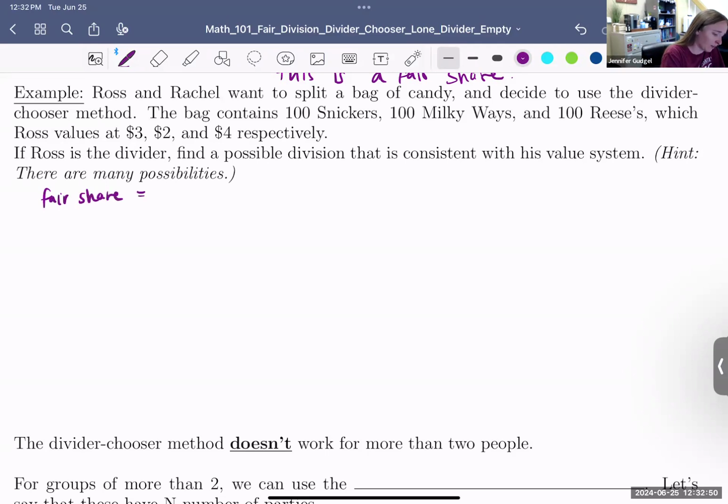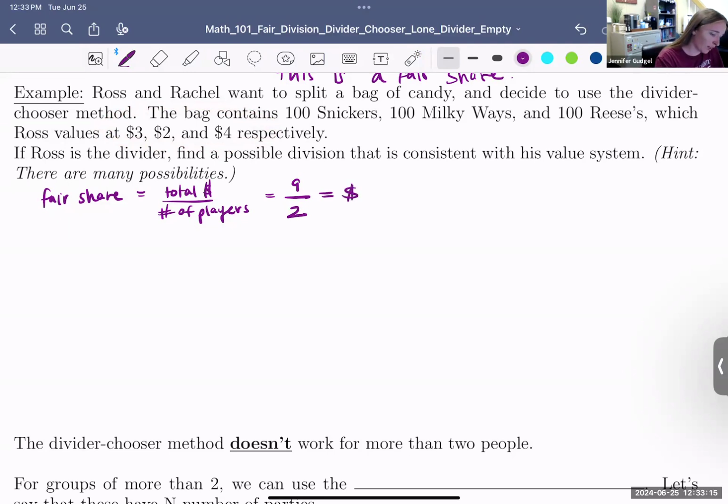A fair share is the total amount divided by the number of players. Well, here the total amount is his entire valuation. 3 plus 2 is 5, plus 4 is 9. So 9 divided by how many players? Ross and Rachel, 2 players.